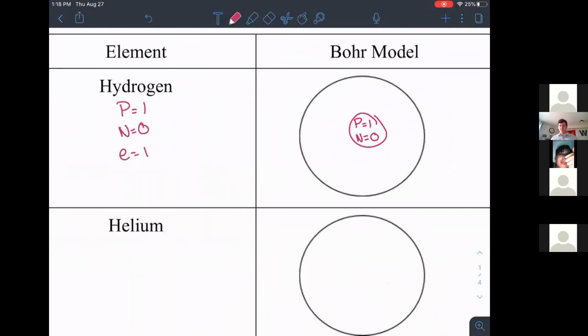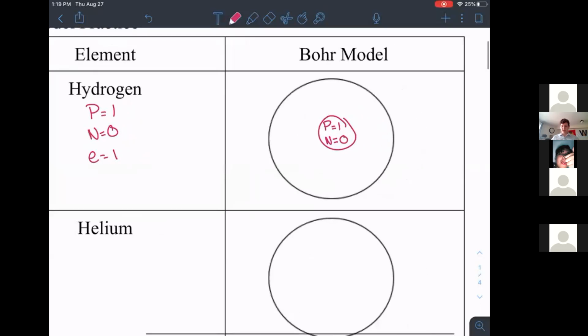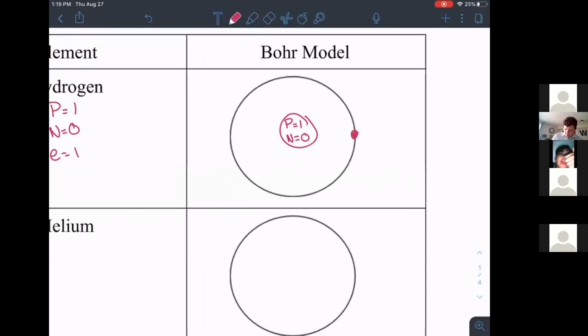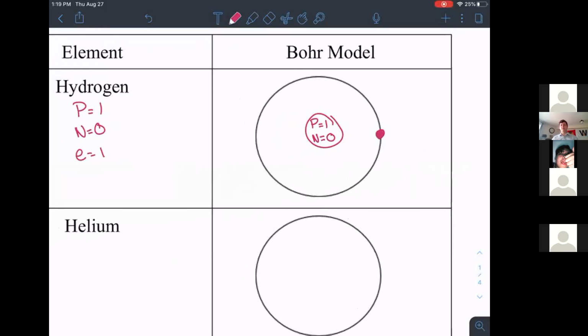Where do my electrons go? Outside, on that circle, on the rings, on the orbital. So for this one, I am going to draw a dot for my electron. So I'm going to put 1 electron right here on my orbital. So I have my 1 electron, my 1 proton, and my 0 neutrons labeled. So this is how we're going to do it for all of our problems.